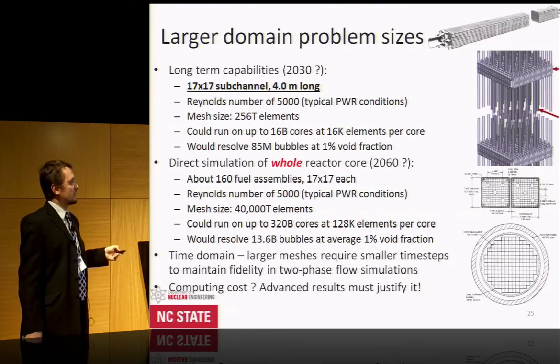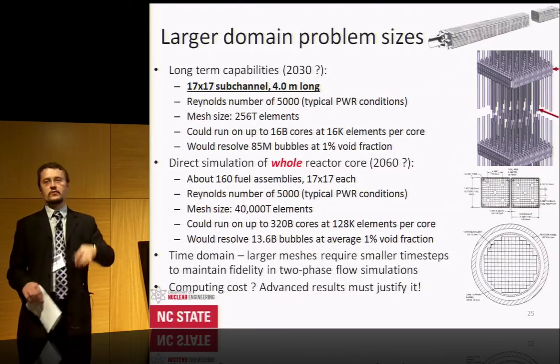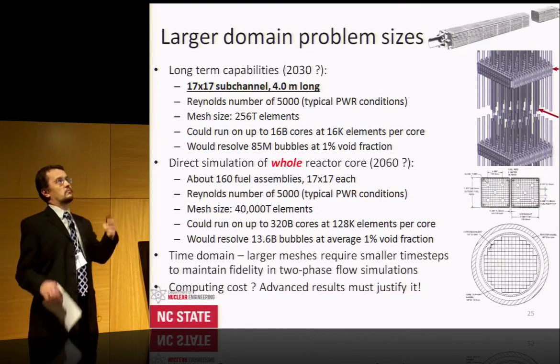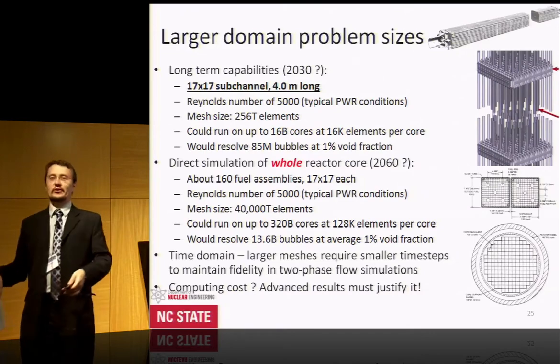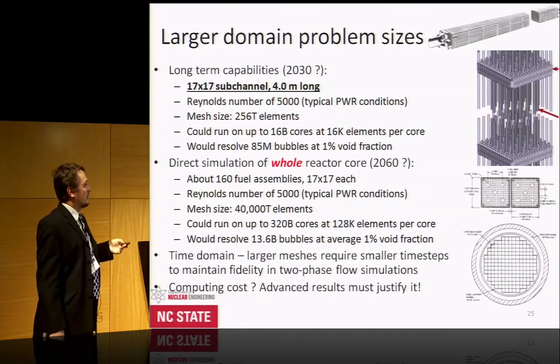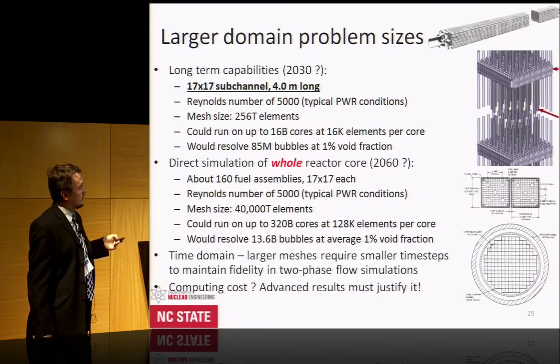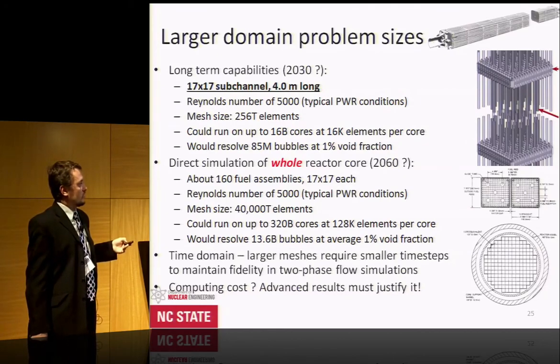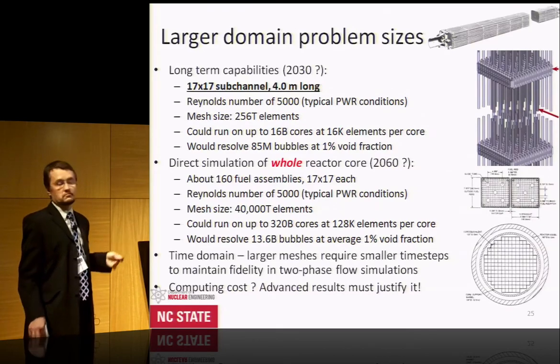So if you really want to claim you want to do DNS, resolving every single bubble in a 3,000 megawatt thermal nuclear reactor using HPC, then you would need, what is it? I don't even know what it is, but it's 40,000 trillion elements. And we could use 320 billion cores, and we'd have 13 billion bubbles.